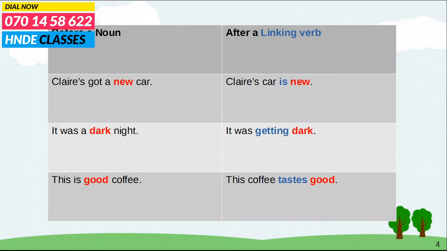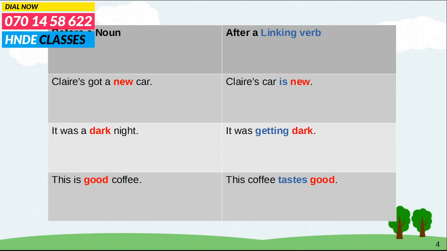Claire has got a new car. What sort of a car has Claire got? It's a new car. The car is being described by new, and it has come before the noun, which makes it an attributive adjective. It was a dark night. What sort of a night? The night is being described as dark. This is good coffee. How is the coffee?